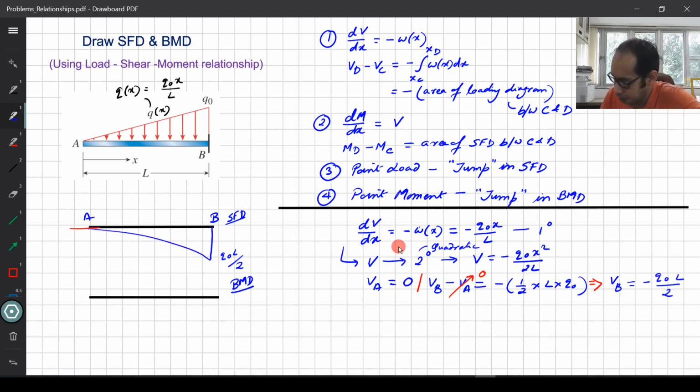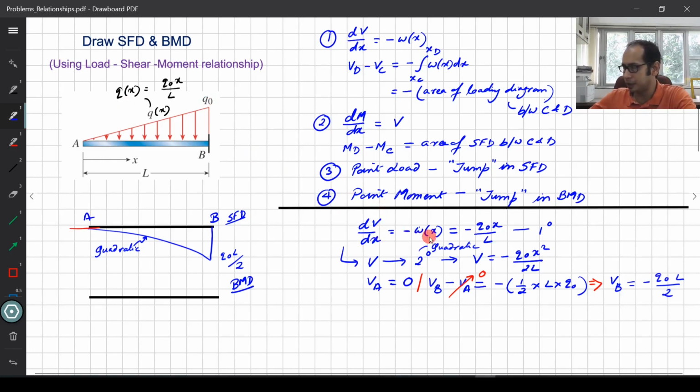So this is quadratic. Now if I ask you what is the slope of this line at B, it's very easy. This is the expression for the slope, and the slope of this line at x equals L is nothing but Q naught L divided by L, that is Q naught, which is this one over here.